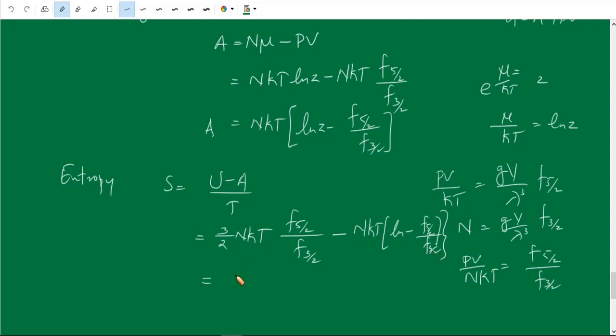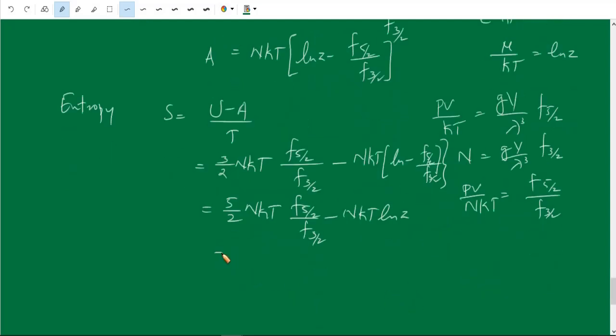So this is equal to 5 divided by 2 NkT f 5 by 2 over f 3 by 2 minus NkT log Z. Or we can simplify NkT times 5 by 2 f 5 by 2 divided by f 3 by 2 of Z minus log Z.